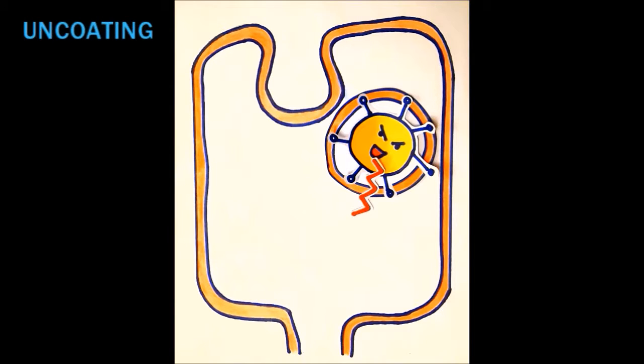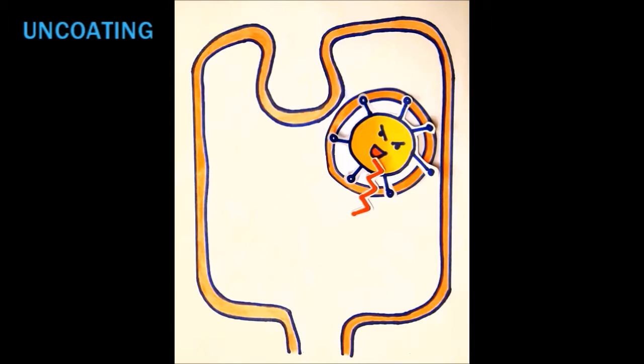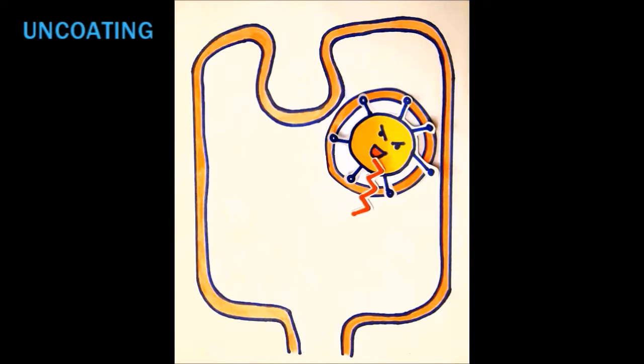The third step is uncoating. Uncoating is the release of the viral genome from its protective capsid to enable the viral nucleic acid to replicate. The nucleic acid must be sufficiently uncoated that virus replication can begin at this stage.